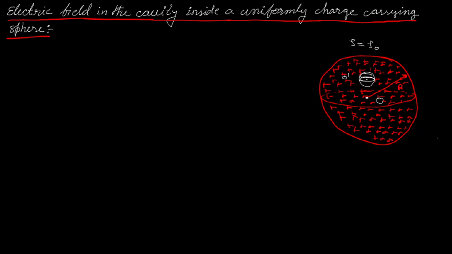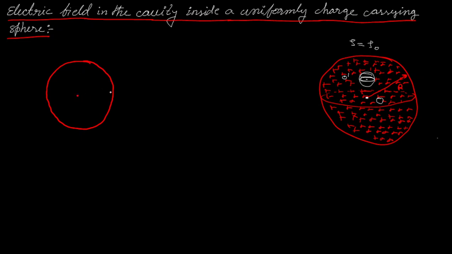Let's think of this system in this way: say there is no cavity. That means we have a uniformly charge carrying sphere. Let me draw these two situations together. Let's say we have a uniformly charged sphere.